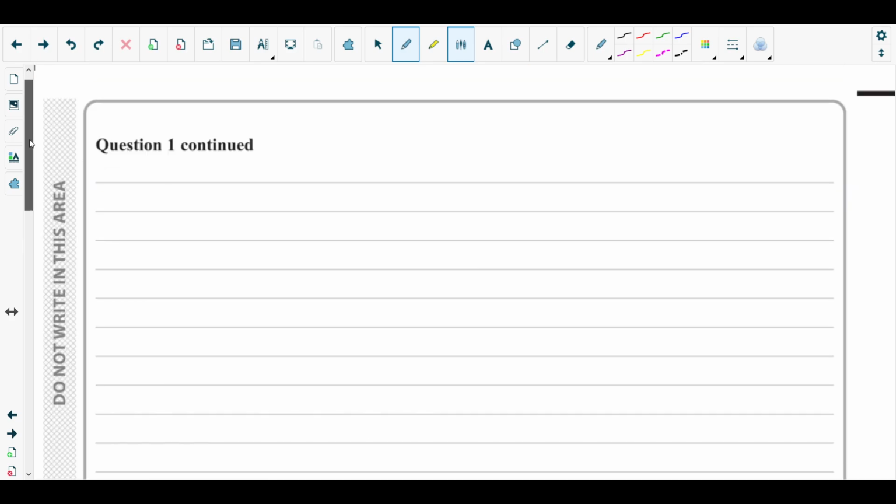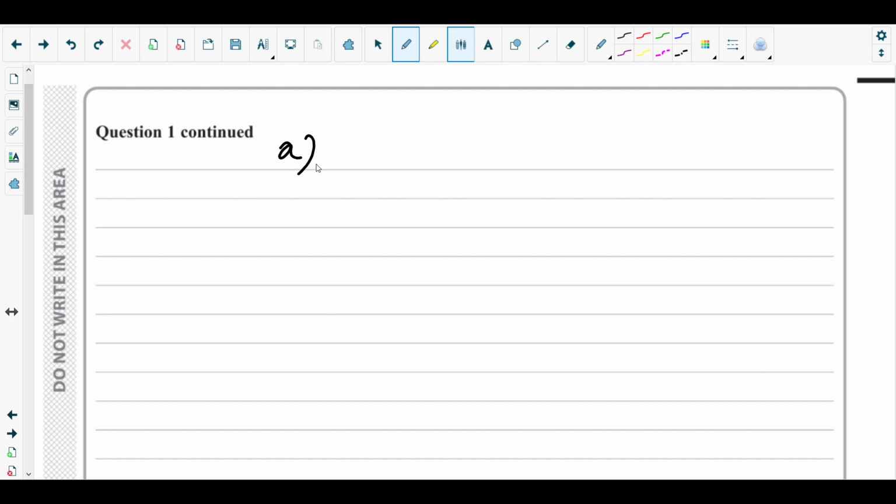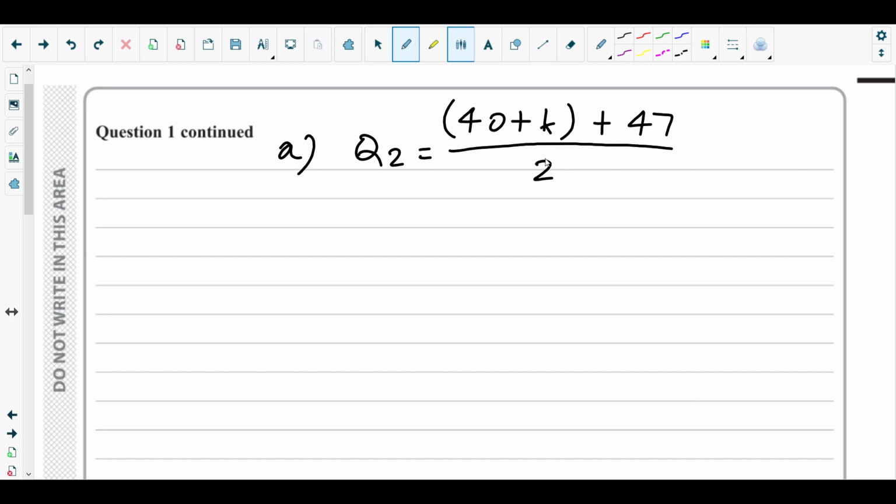For part A, the value of Q2 is the average of the 16th term, that is 40 plus k, and the 17th term, which was 47, over 2.